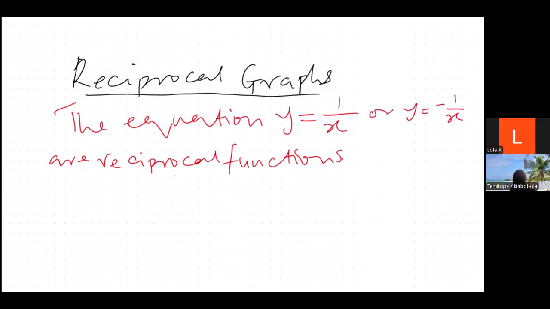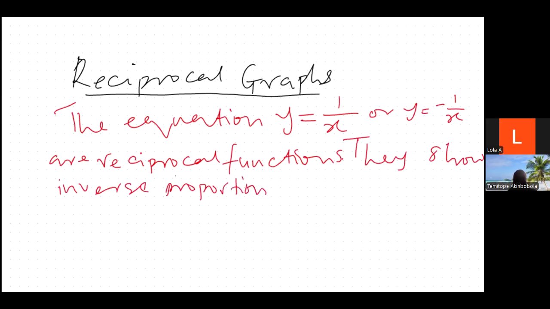Now, they show inverse proportion. And that was why I asked you, did you offer economics when you were in school?